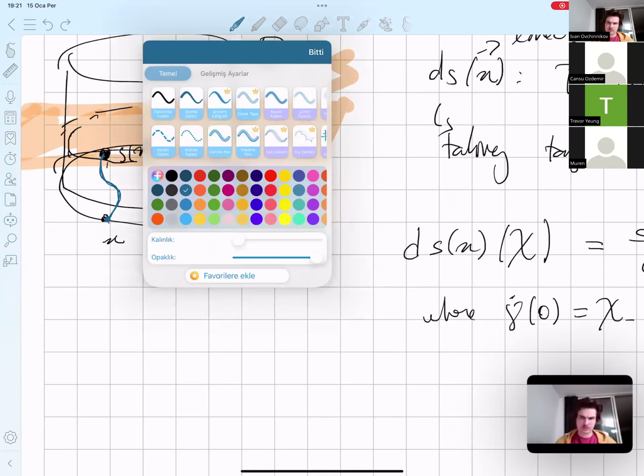Even if you don't know, just unmute and start saying stuff, and we'll correct you or give you hints. What are we doing in this expression? I'm taking S of gamma of t and doing what? Trevor or Murin?